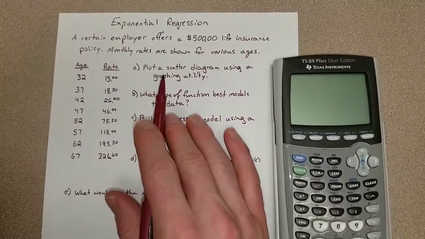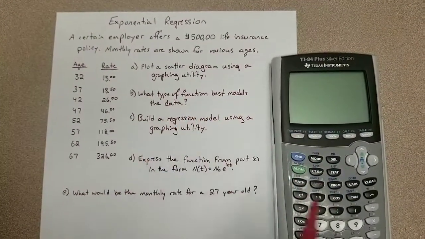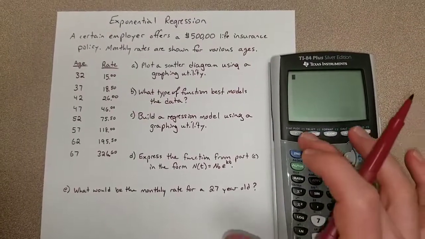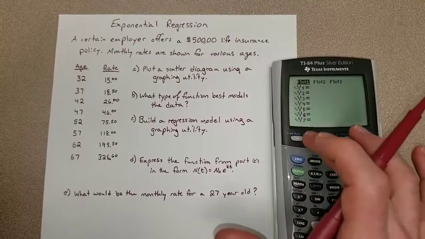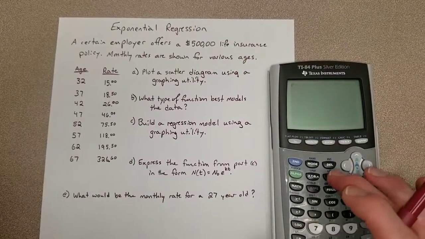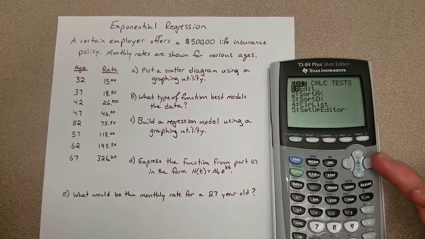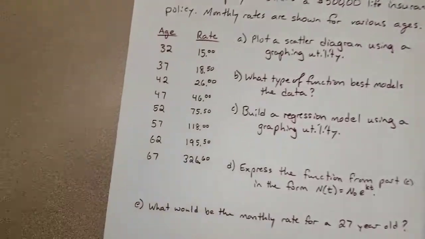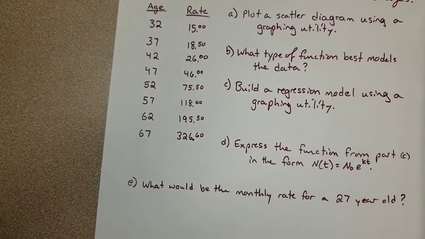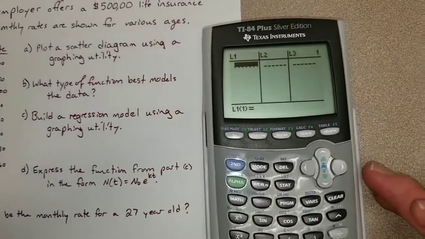Here I want to plot a scatter diagram using a graphing utility. So we're going to go to our graphing calculator, go to the Stat button, and type in all of this data into the graphing utility.